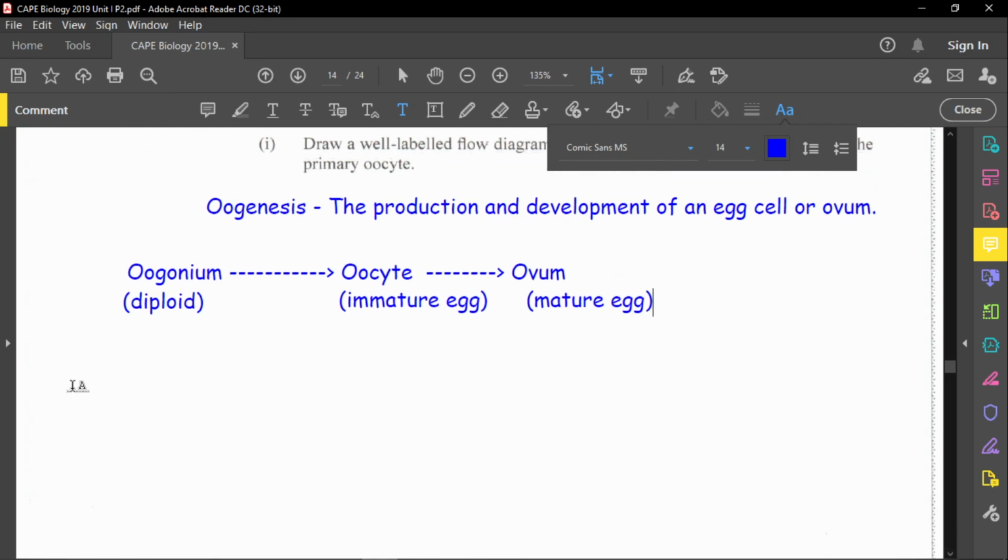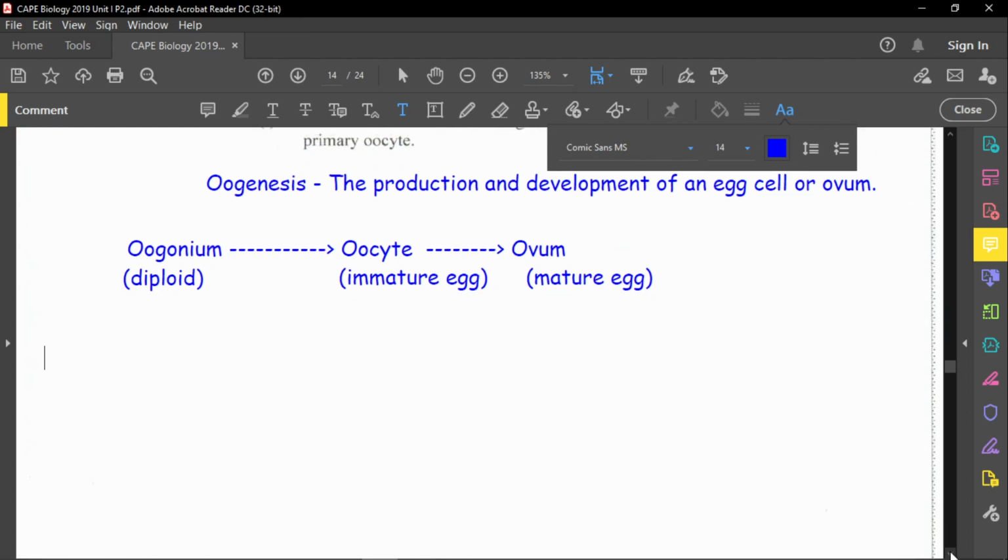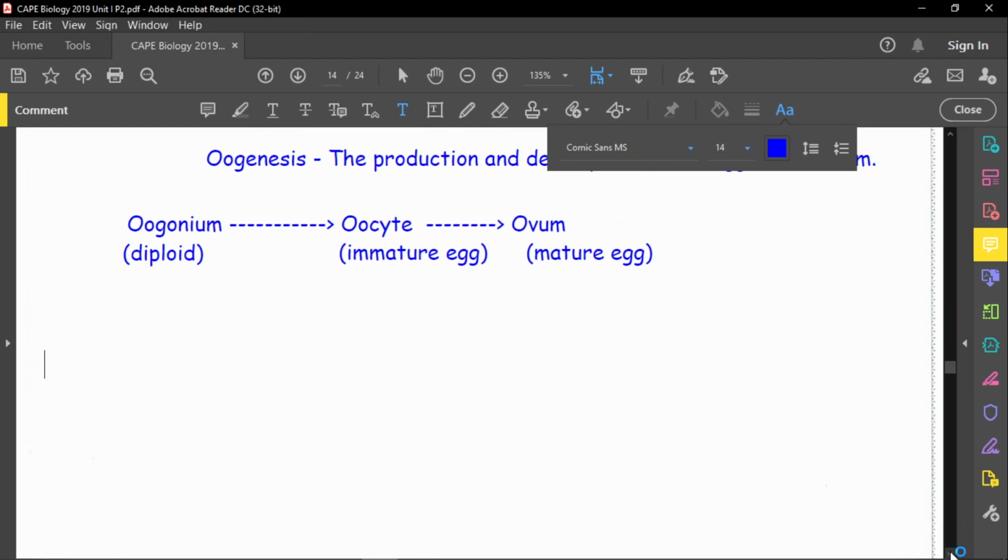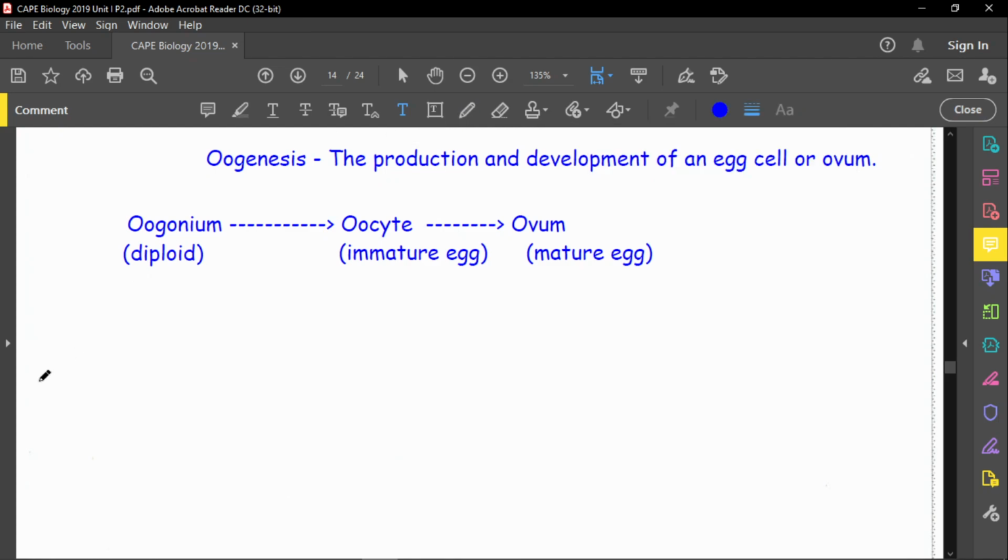All right, so let's start here. Let's go all the way over here, because I'm also going to label this since it asks you to draw a well-labeled flow diagram. Go down a little bit more so I have more space to label. All right, I'm just going to go right there. Let me do some drawing real quick and then I'm going to type into this. The first thing I'm going to draw is 2N in a cell. This is my 2N, and I will label it to say exactly what it is shortly.